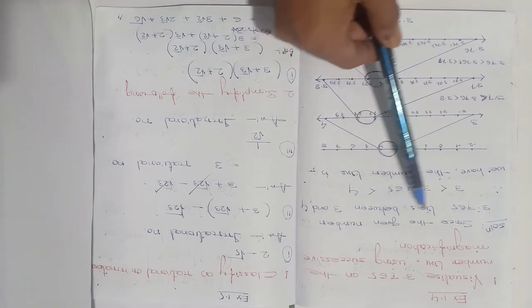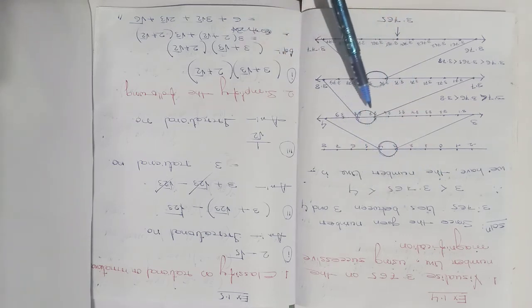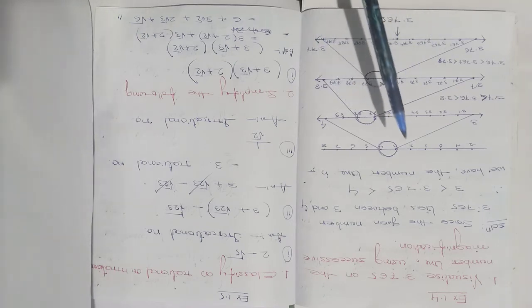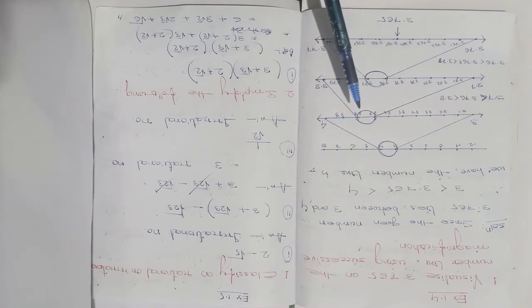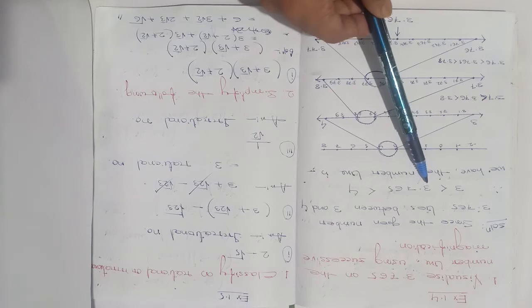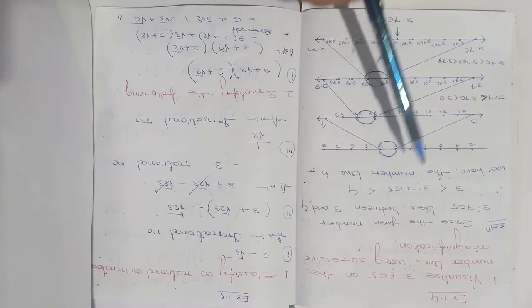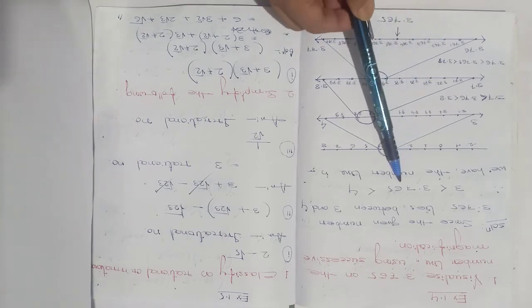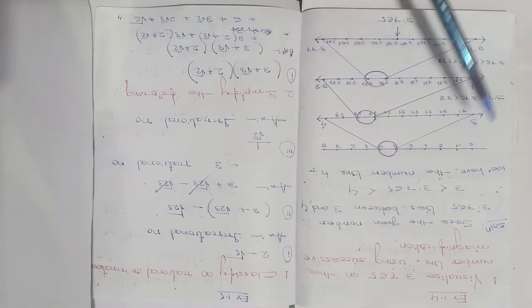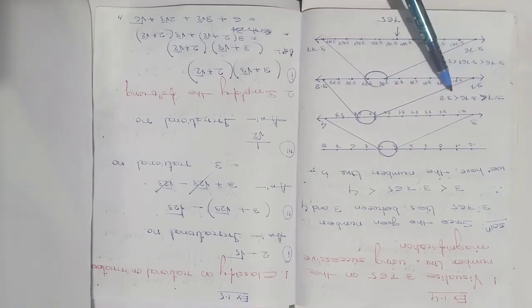This whole number 3.765 lies between 3.7 and 3.8. This is just an identification: first you see that 3.76 is greater than 3.7 and less than 3.8.